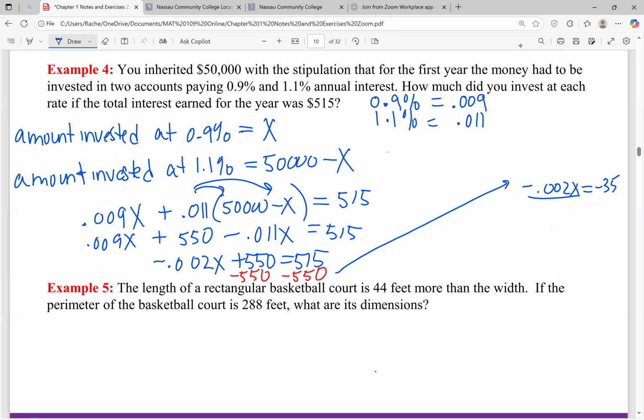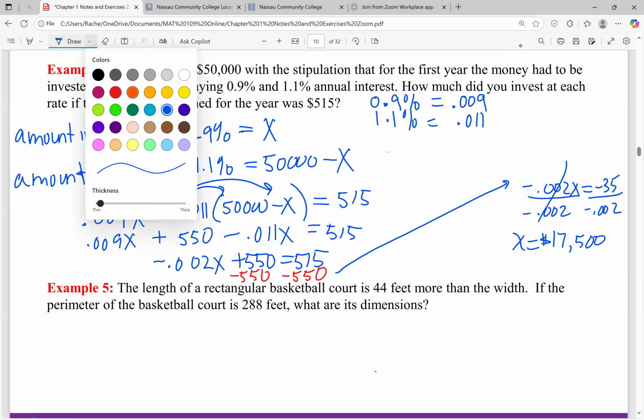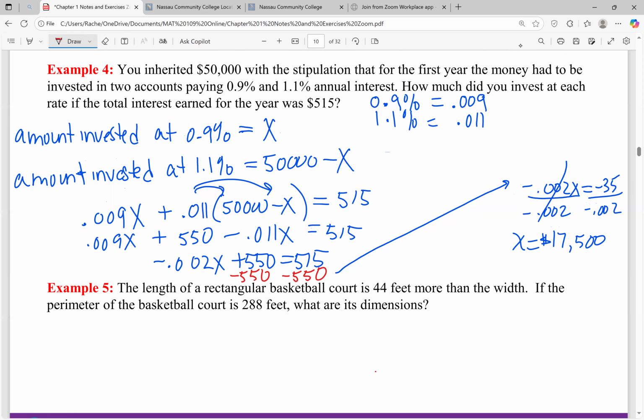And now we could divide by negative 0.002 to get x by itself. So x is going to be equal to negative 35 divided by negative 0.002. And that's going to be equal to $17,500. And that X represents the amount that we're investing in the first account at 0.9%.